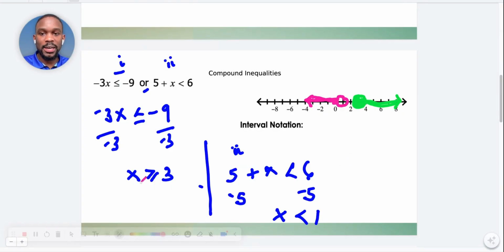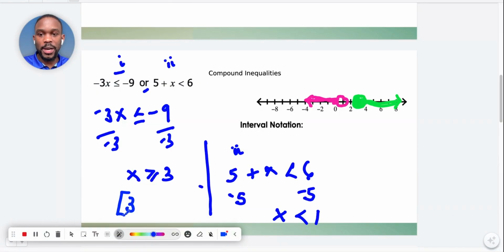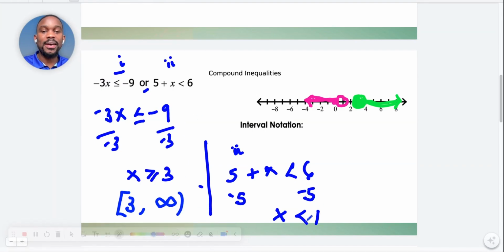The notation here for x greater or equal to 3 would be from 3, and we're going to use a square bracket because it's greater or equal to, then a comma. It reaches positive infinity, so then we're going to use a parenthesis. Here, because we're dealing with x less than 1, anything less than 1 could be 0, it could be negative 1,000.